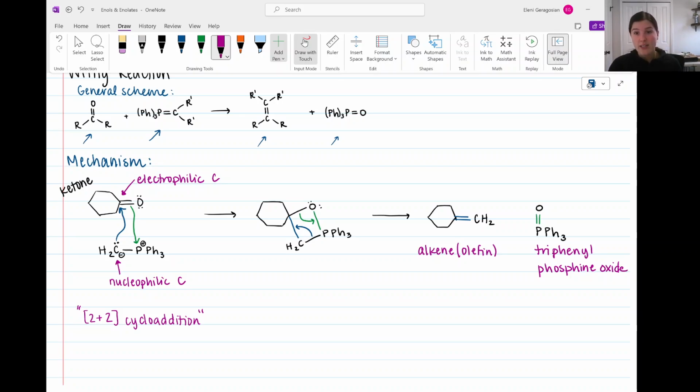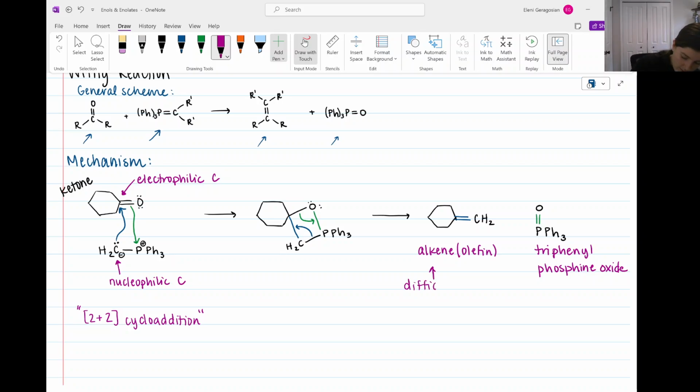Now this alkene that's formed through the Wittig reaction has a less substituted carbon that's part of the double bond. We've talked about Zaitsev's rule before. More substituted double bonds are more stable thermodynamically. So this is a less thermodynamically stable product. So this is difficult to prepare with other methods. It's easier to prepare with a Wittig reaction. So let's write this note here.